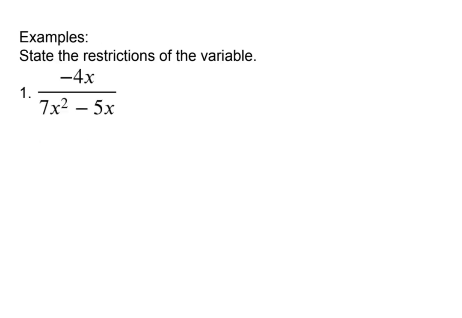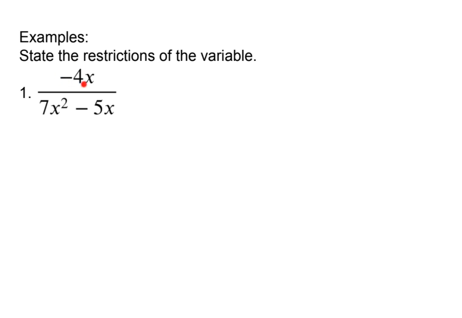Let's look at example 1. The directions say state the restrictions of the variable. What those directions are really saying, in more plain English, is what can x not be? Now remember, the top of the fraction can be anything, but the bottom of the fraction cannot be 0.